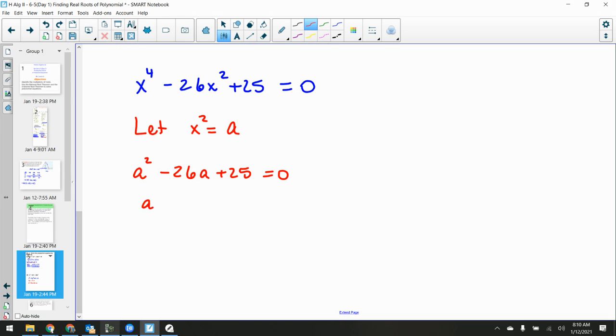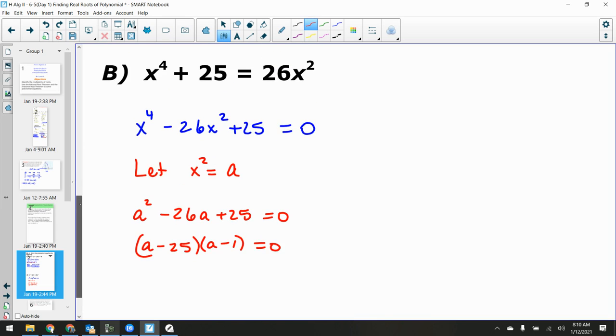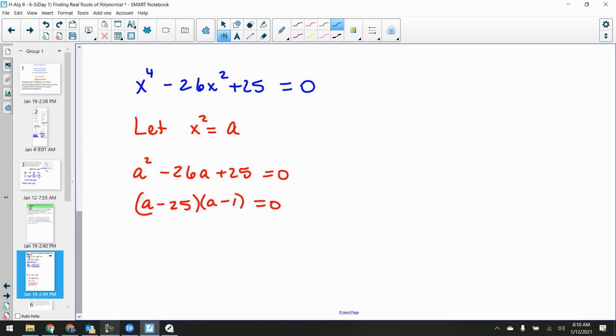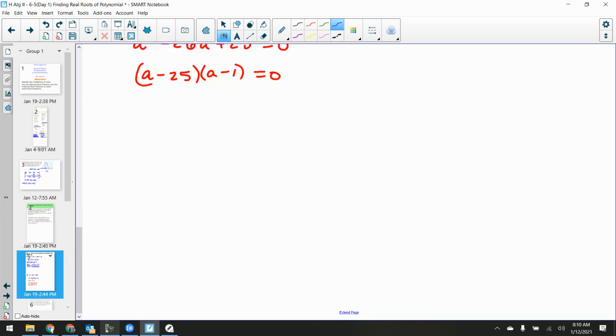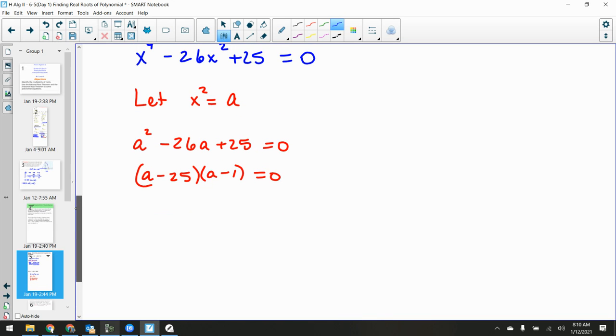Now this is a minus 25, a minus 1. But again, I created a. I need to put x back in. Well, x squared is a. So what I can do now is put x squared back in this equation. So x squared minus 25, x squared minus 1.